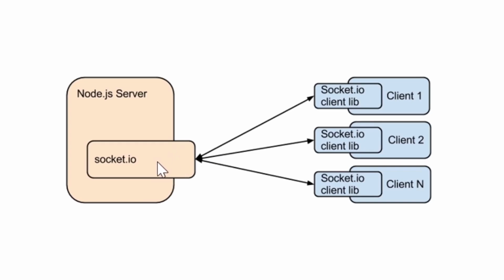And based off of that event, it will do something like send information back out to all the clients, or maybe even just one particular client. And any client connected to this server will be able to send events, and then the server will send those events back out to the clients that it is supposed to go out to.